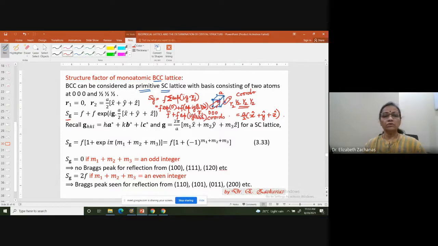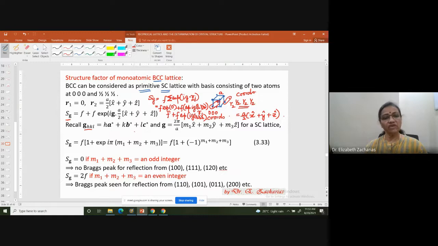Next, what is this G? We have to know G. To know G, I will take you to reciprocal lattice. In reciprocal lattice, you have studied that G HKL is H A star plus K B star plus L C star. Then A star, B star and C star were the reciprocal lattices.